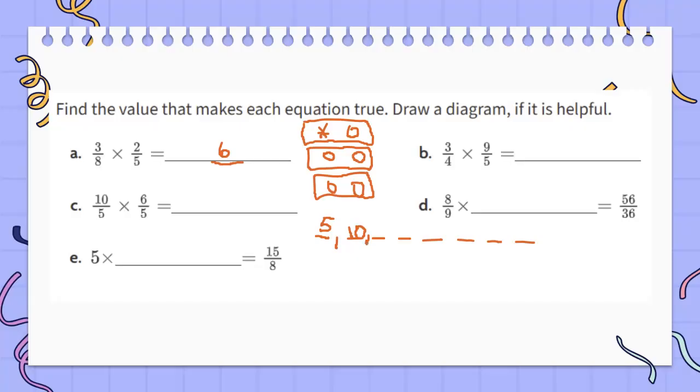Now we're going to add another 5, or skip count, and that would be 15, 20, 25, 30, 35, and 40.